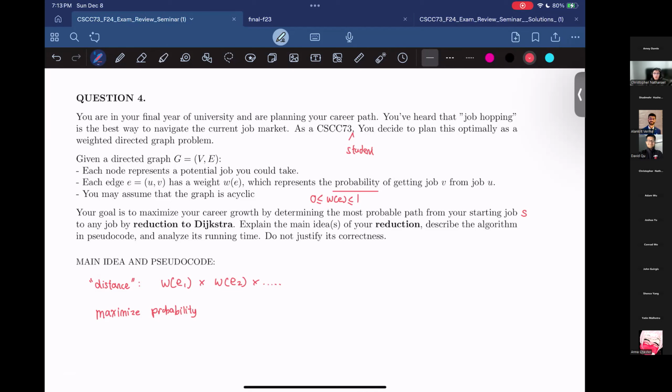We're looking for the most probable path of job hopping from our given starting job to any position in the list of target jobs we have, which are the nodes in our graph.